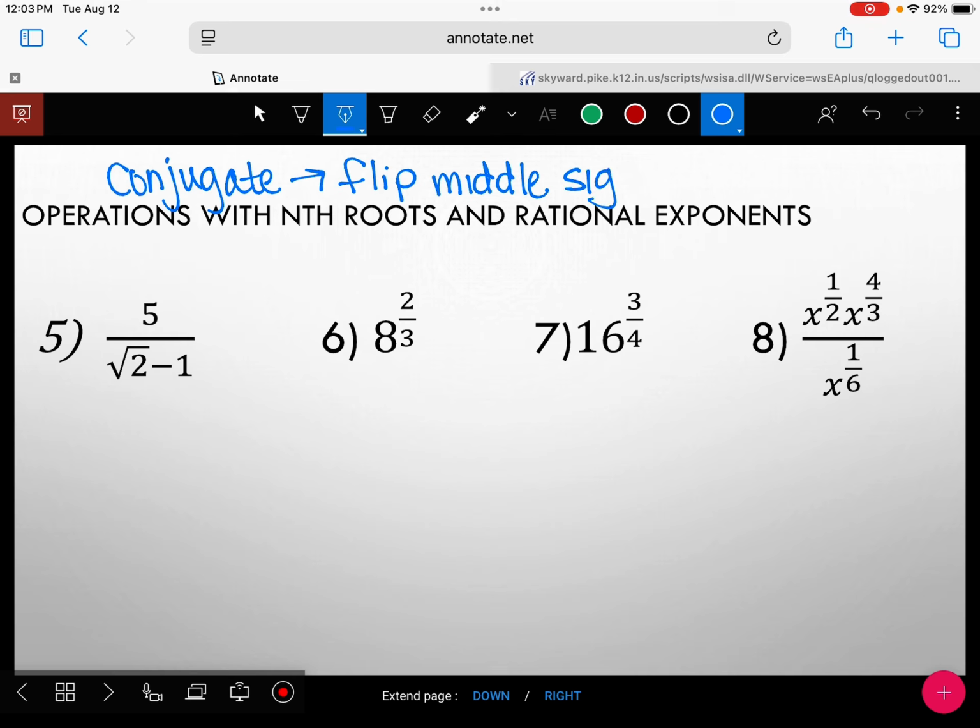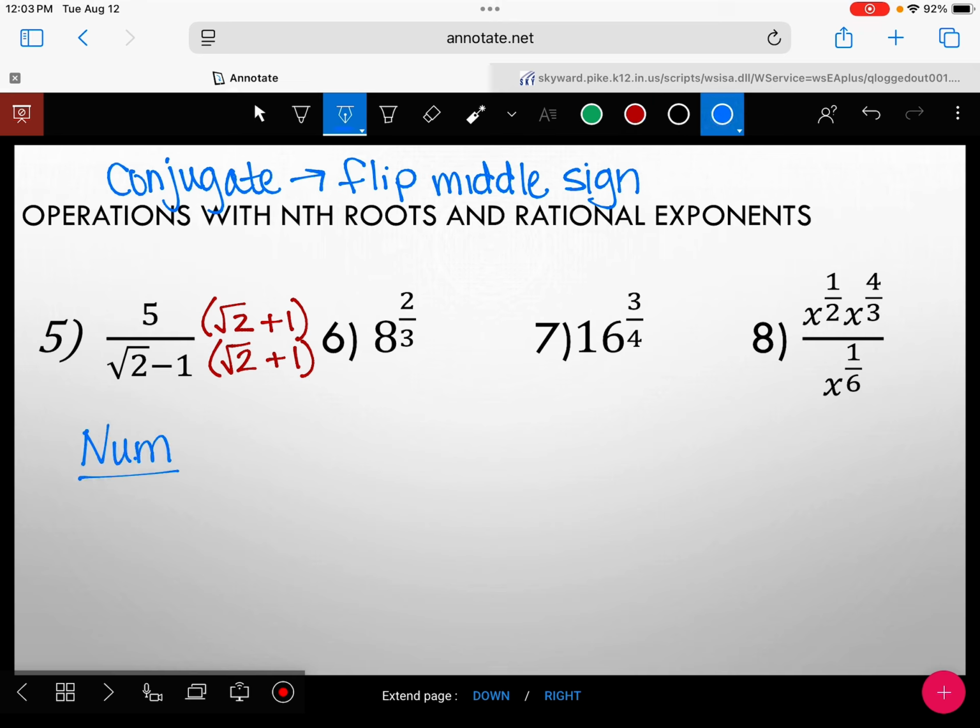So it's a little bit more complicated when it's not just the square root. So that means that I have to multiply top and bottom by root 2 plus 1. Root 2 plus 1. So we're going to do that.